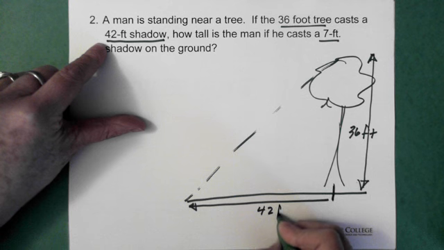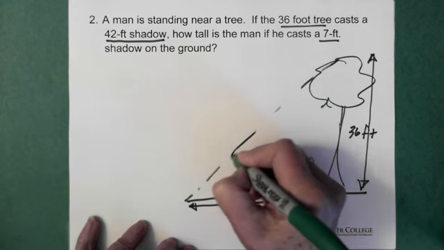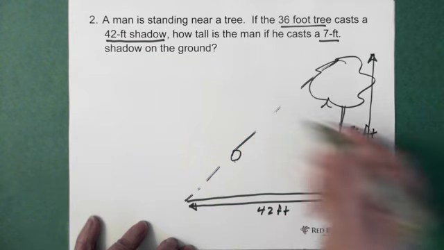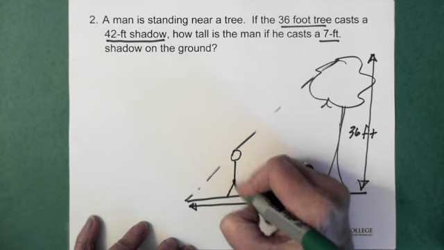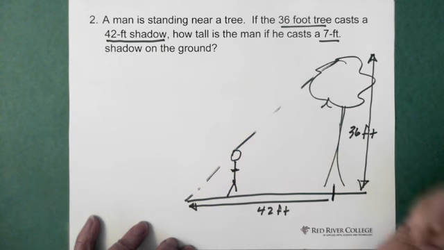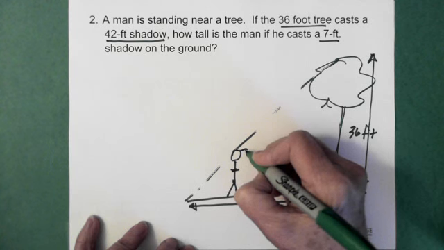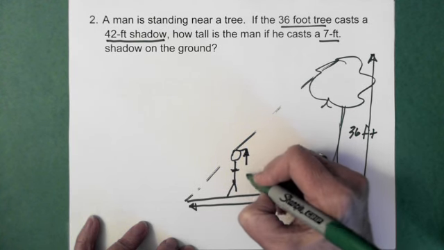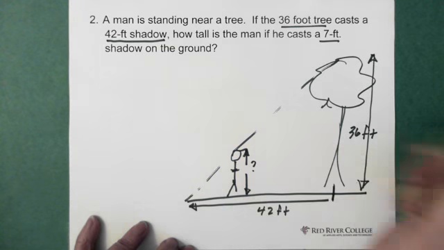So there's our 42 feet. And here's a man standing right here. He's a pretty tall man. And how tall is he? That's what we're trying to find out. So we're trying to find out what this distance is here. That's the question mark. How tall is he?